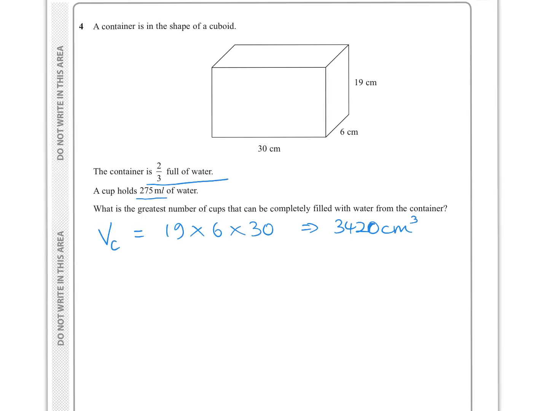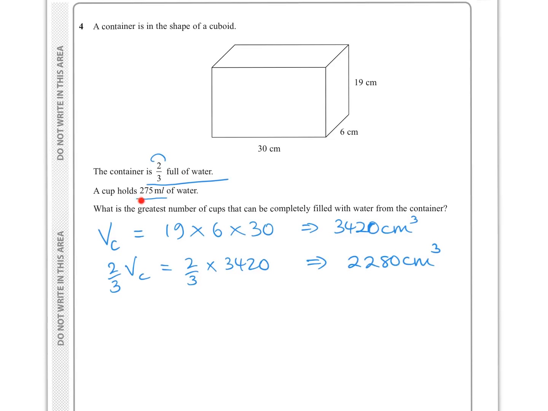And we want it to be 2/3 full. So 2/3 of the volume of the container is 2/3 of 3,420. So I'm going to times it by 2 and then divide by 3. And that's going to give 2,280 centimetre cubes. It says what's the greatest number of cups that can be completely filled with water from the container.